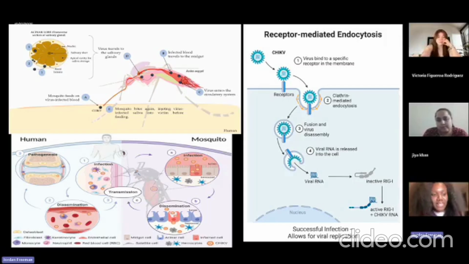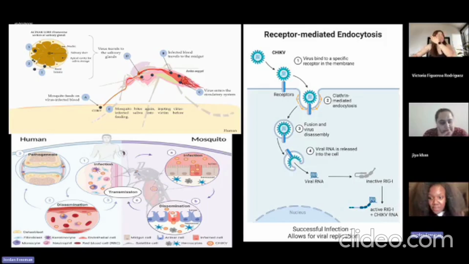So I can give you a step-by-step scenario on how the mosquito affects the person. The mosquito bites an infected person who currently has the Chikungunya virus circulating in their blood.